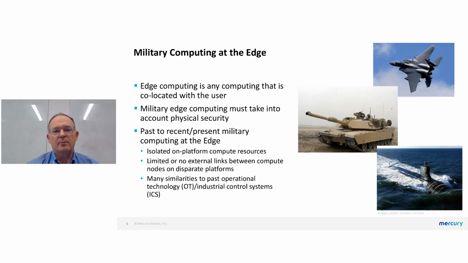It simply isn't feasible to do everything in cloud or even that intermediate between edge and cloud, the fog, so-called fog computing. It needs to be right there with the user, and because military edge computing is right there on the battlefield, physical security is actually a really key attribute for these solutions compared to perhaps some things in the commercial space.